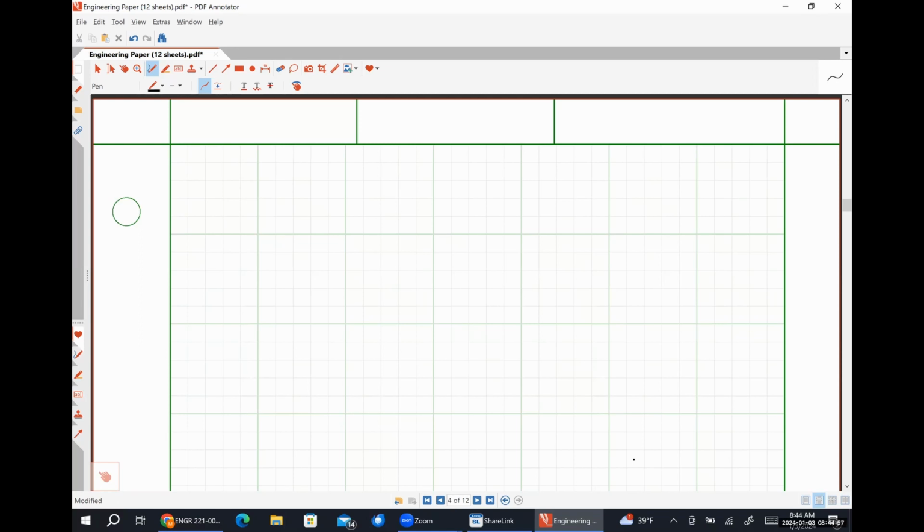So let's say that I have this circuit. I have a 4 ohm resistor in series with a 6-volt source. Here's a 2 ohm resistor.